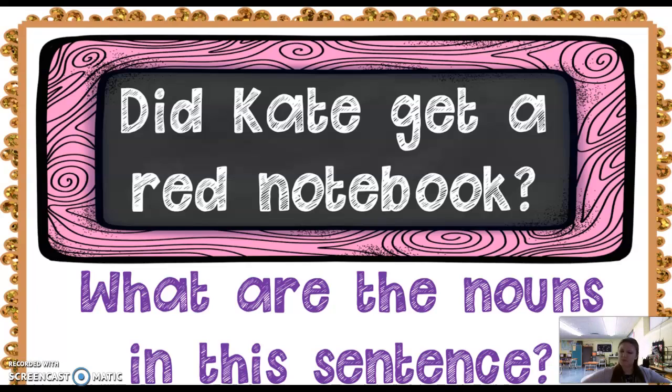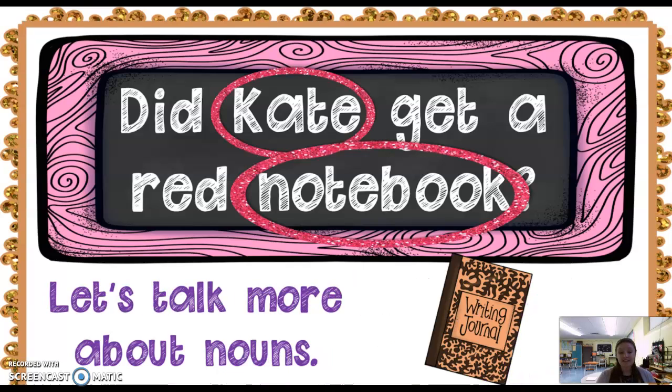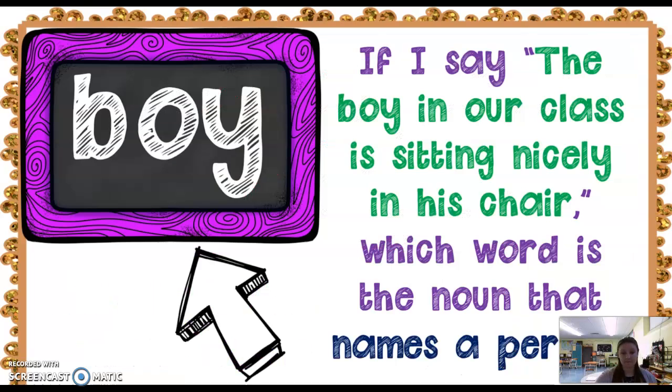Is did a person, place, or thing? How about Kate? Kate's a person, so Kate is a noun. Get, a, red, are those people or places or things? How about notebook? Notebook is a thing. So the two nouns in this sentence are Kate and notebook.